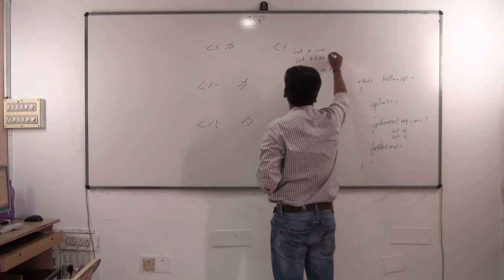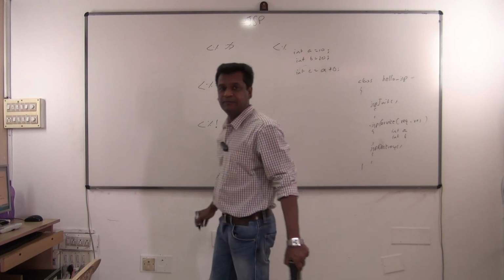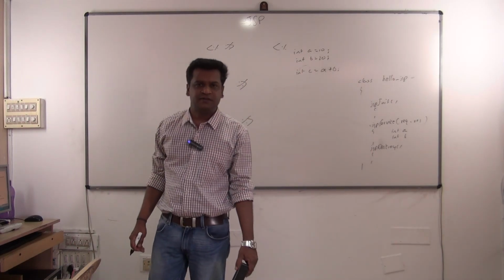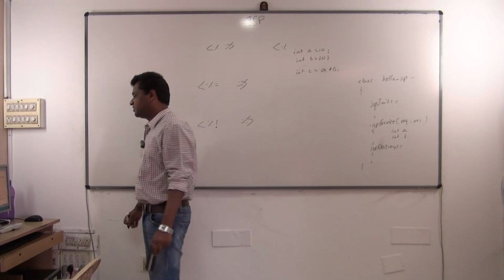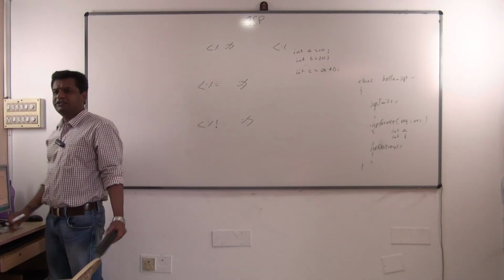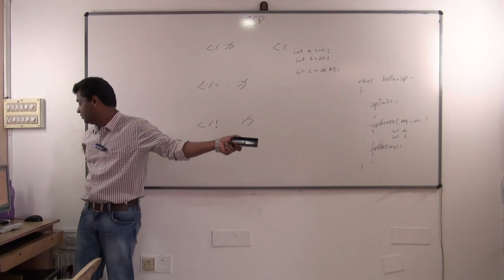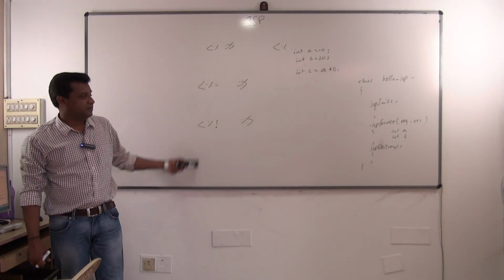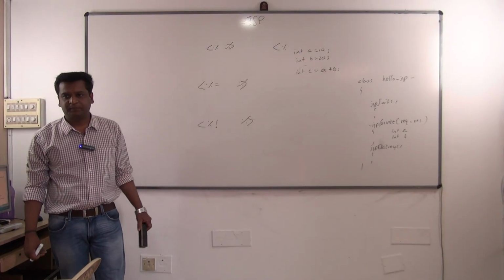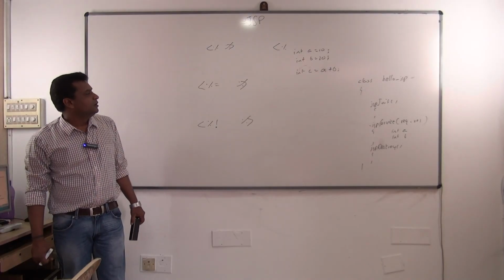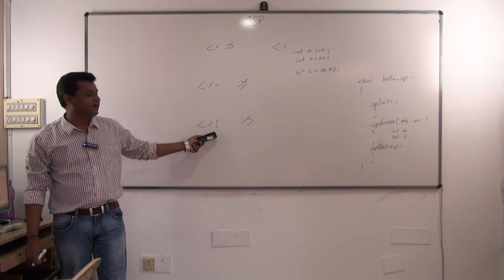Whatever you write here should end with a semicolon, whereas they are plain Java statements. Clear? So that's how you write a scriptlet. All the statements written inside a scriptlet will be placed inside the service method, and that's how it works. Clear? Fine.